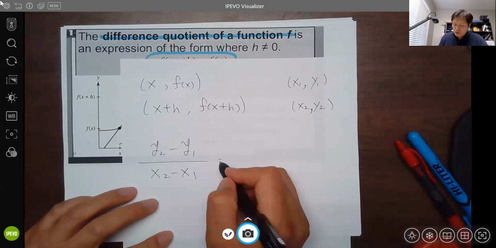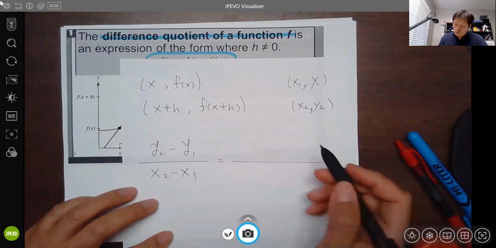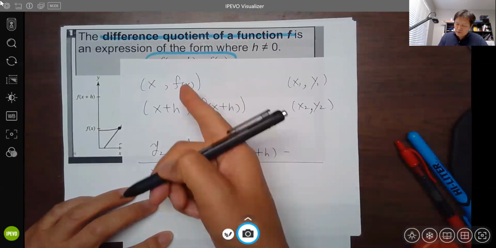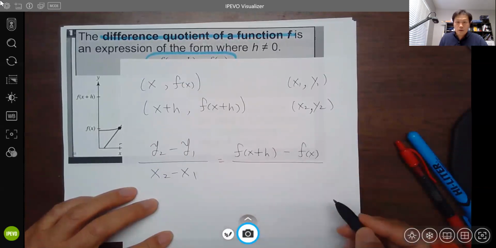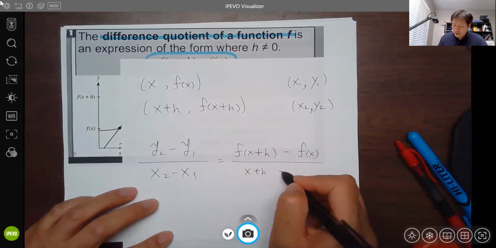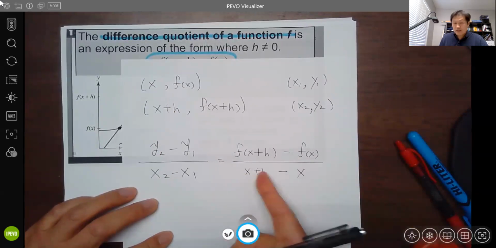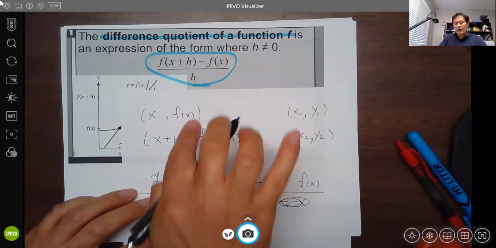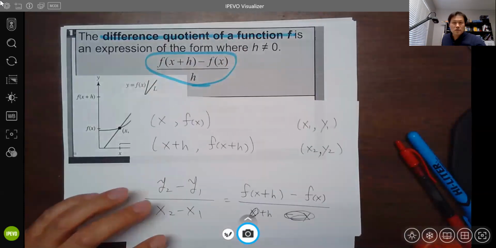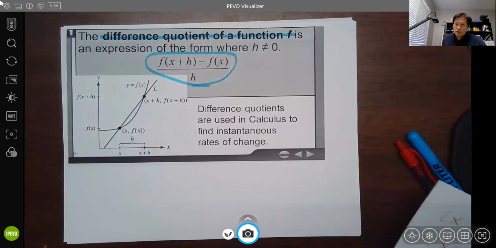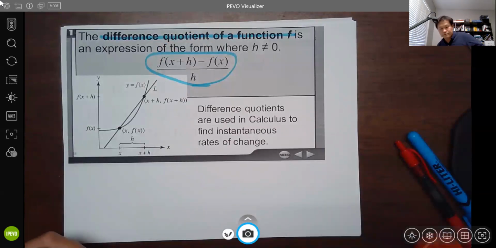The x minus x on the bottom cancels out, so you end up with this. That's the story behind the difference quotient of the function, which is basically slope.